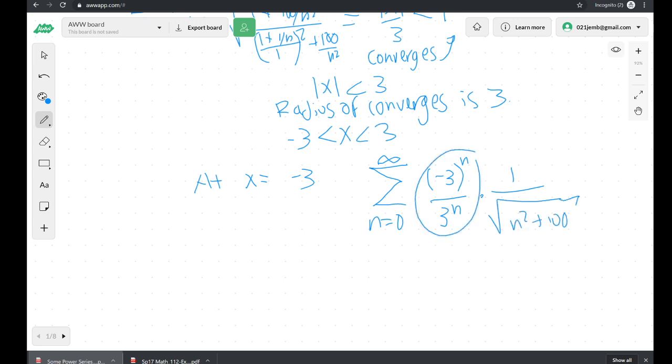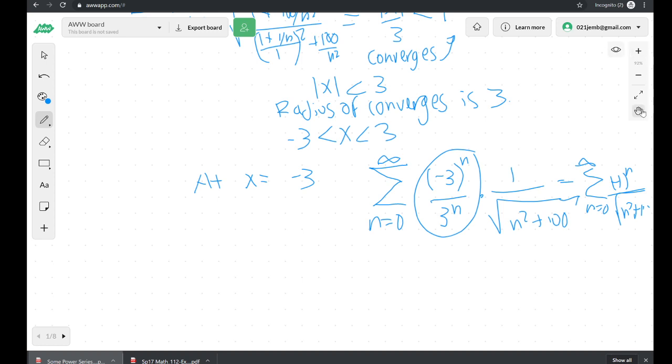This goes to negative 1 to the n, so we have an alternating series: the sum from n equals 0 to infinity of negative 1 to the n divided by the square root of n squared plus 100.